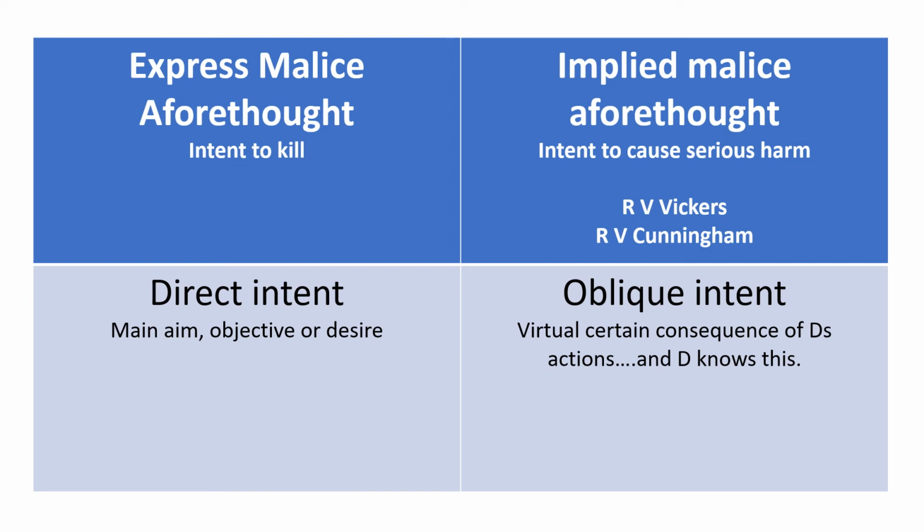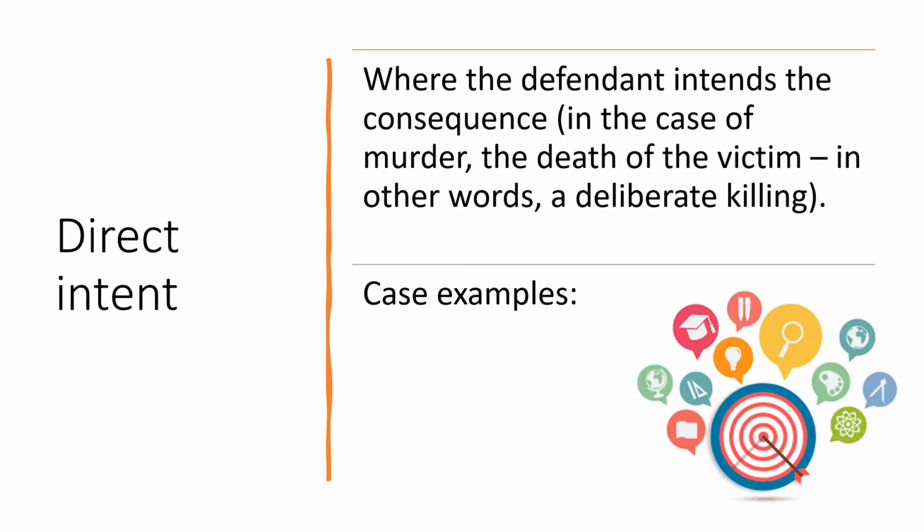And then the subjective element is that the defendant realises this. So as we said before, in terms of direct intent, the defendant intends the consequence, in the case of murder, the death of the victim. In other words, this is deliberate killing. So direct intent, in terms of mens rea, we could use White. The defendant was convicted of attempted murder on the strength of the mens rea to kill.